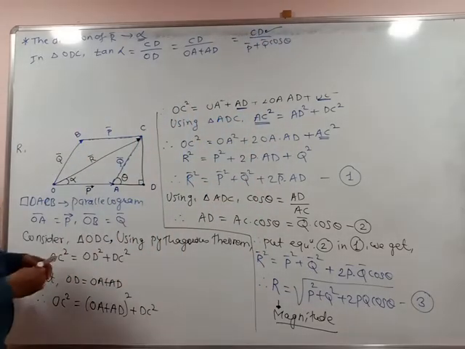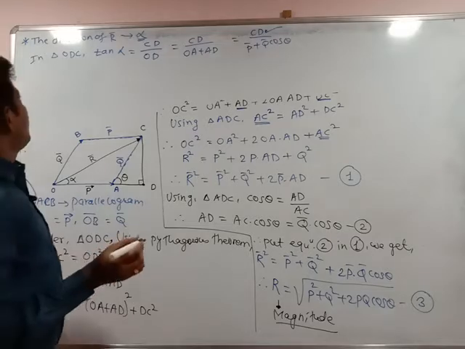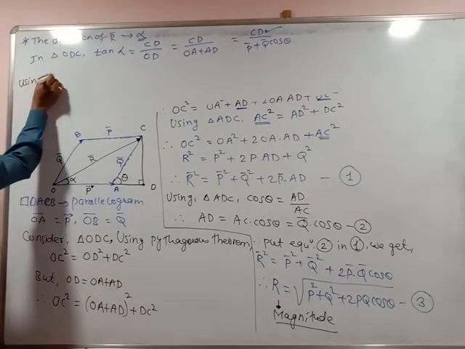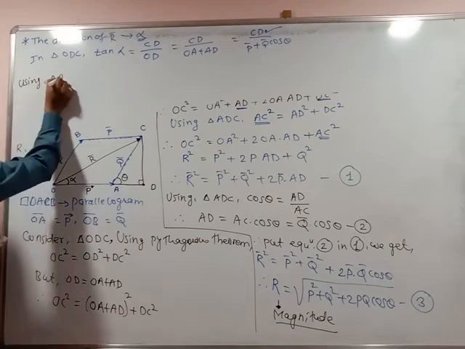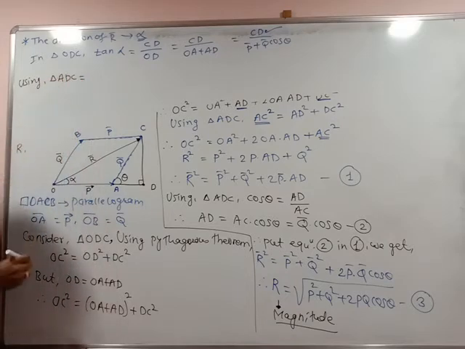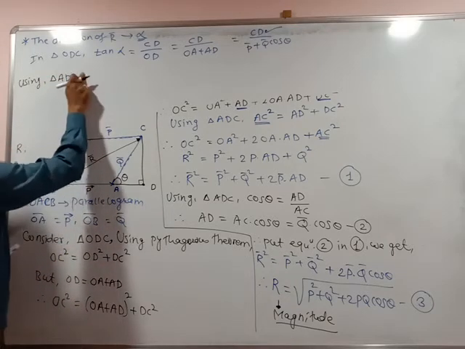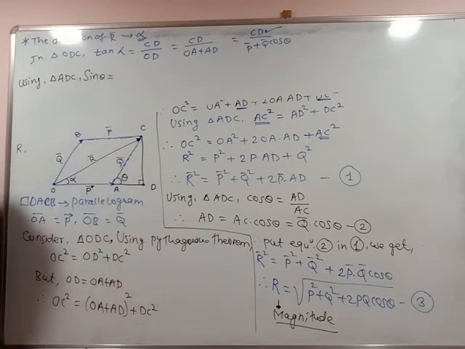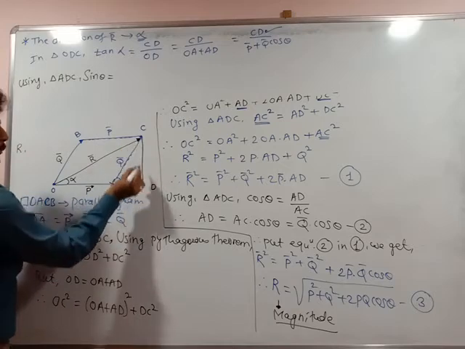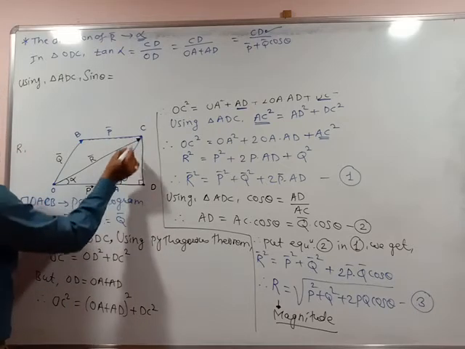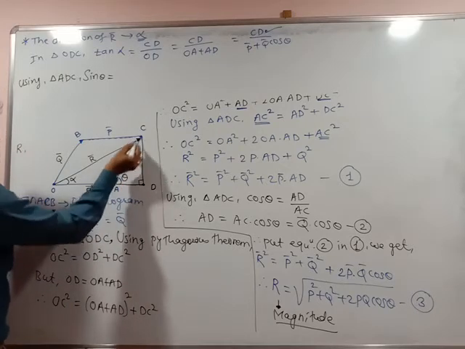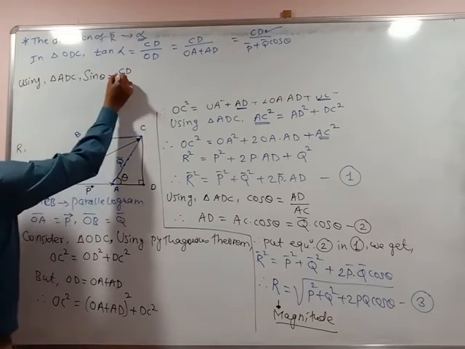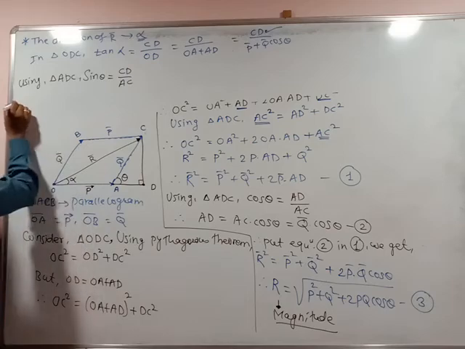How to find the value of CD? Using triangle ADC, what is the value of sin theta? Sin theta is opposite upon hypotenuse. So opposite is CD, and hypotenuse is AC.